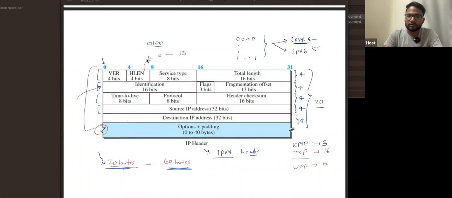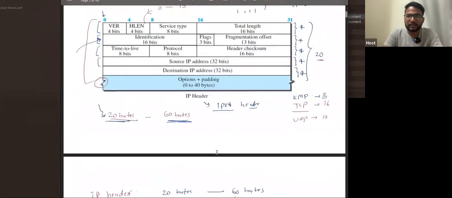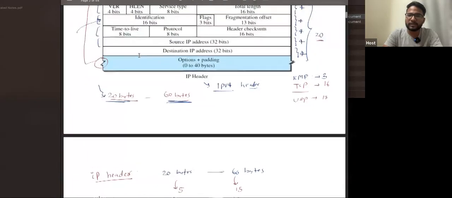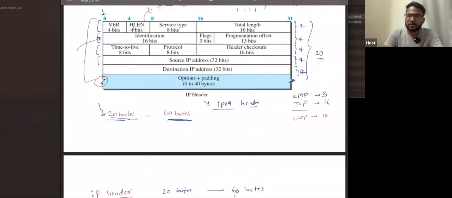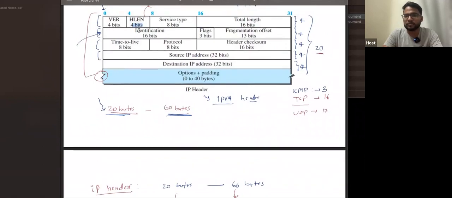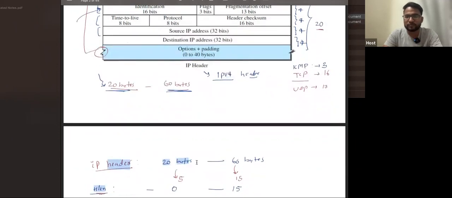This is the IP header, and it has a few fields, like version, header length, and so on. The header length is just 4 bits. In 4 bits, you can represent at most 0 to 15. But the IP header could range from 20 bytes to 60 bytes.